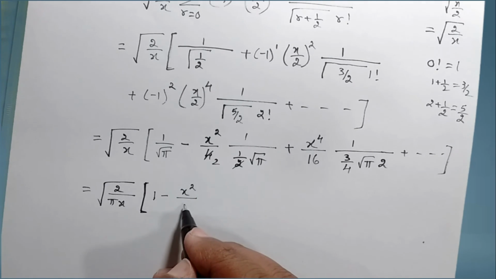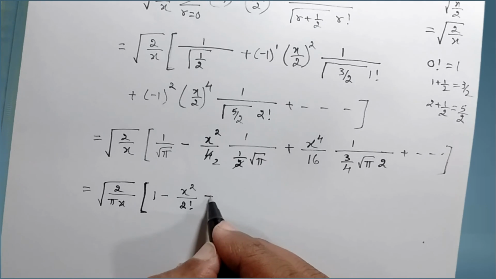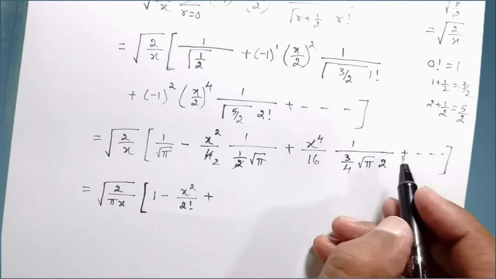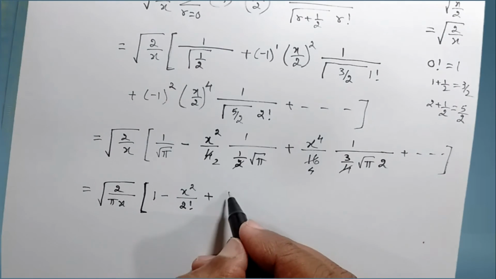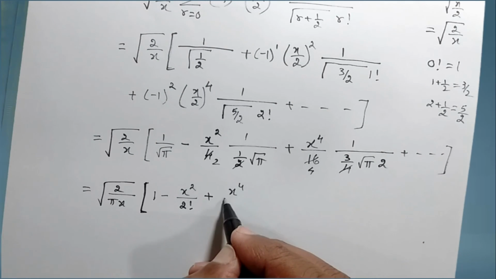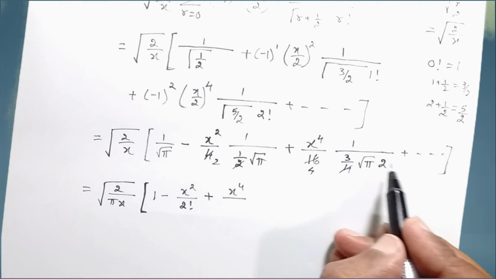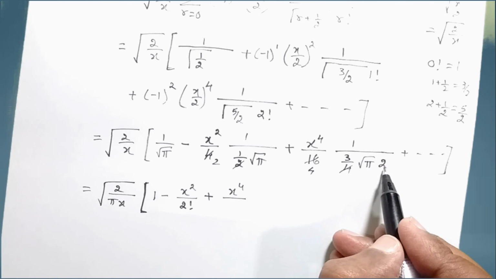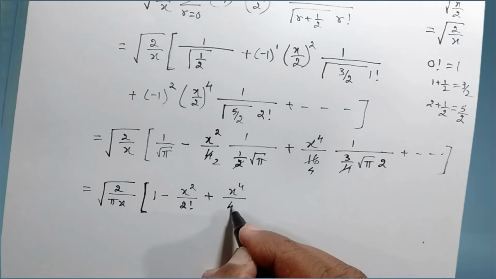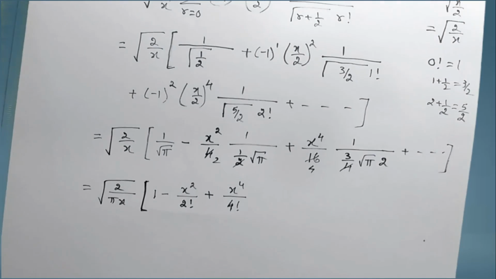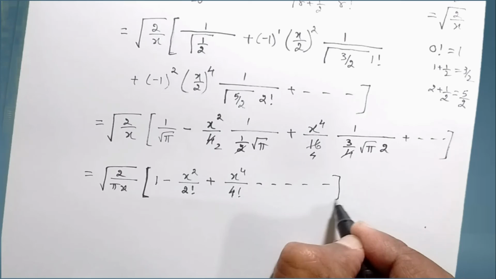So what will be left out here? Can I write that as 2 factorial? Next plus, you can cancel out this term, 4 1 times and 4 4 times. That will be x power of 4 divided by, 4 times 3 is 12, 12 times 2 is 24. So 24 can I write in terms of 4 factorial. 4 factorial will be 24 and the remaining terms.